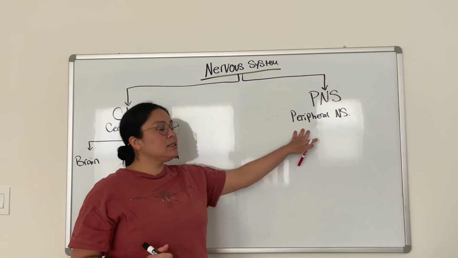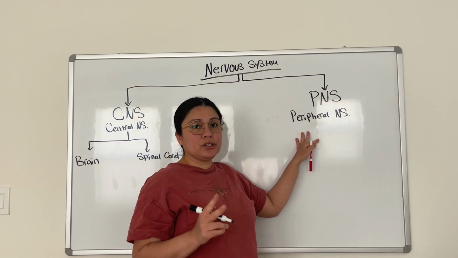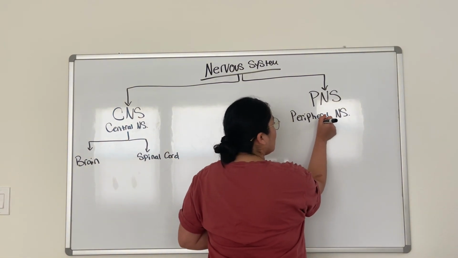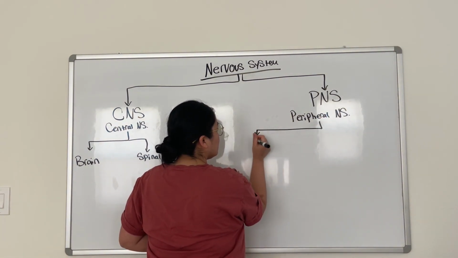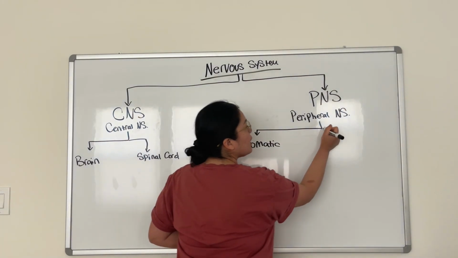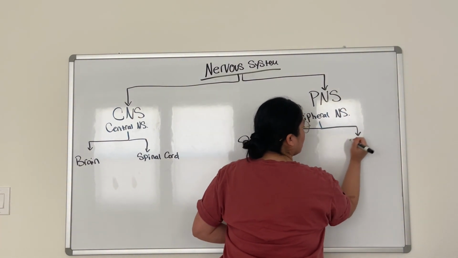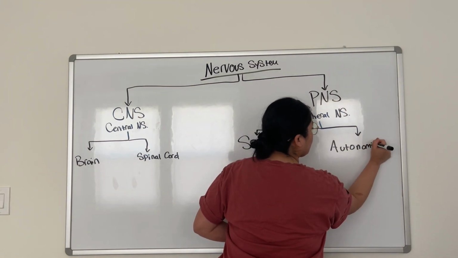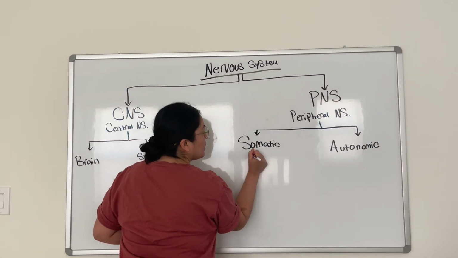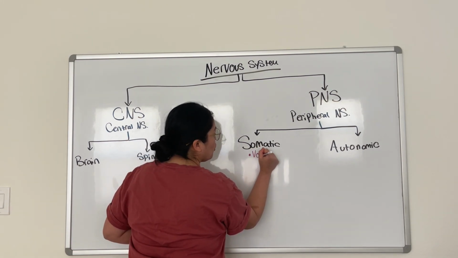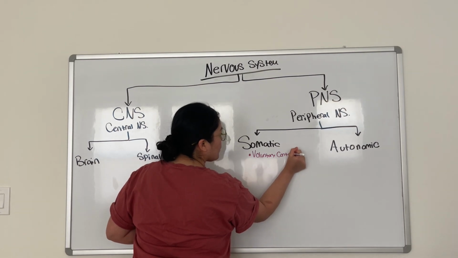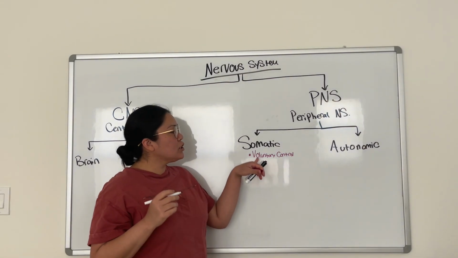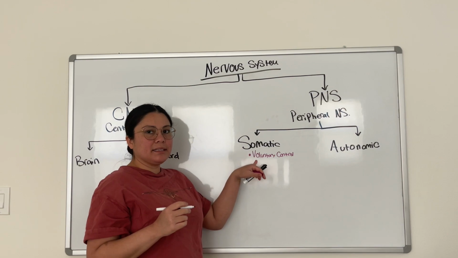Now the PNS breaks apart into two other subdivisions, the somatic and the autonomic. Your somatic system is under voluntary control, meaning that we have conscious control over the somatic system.